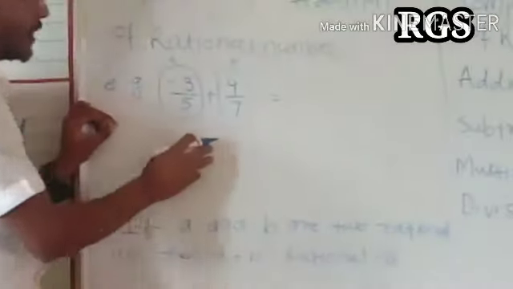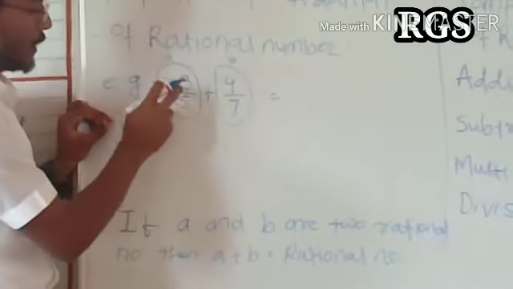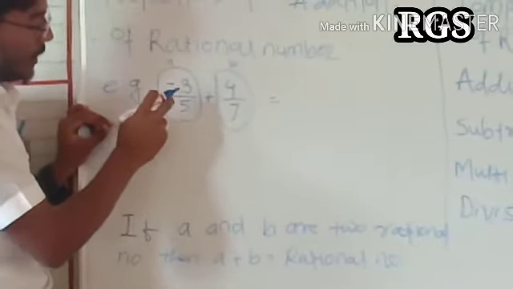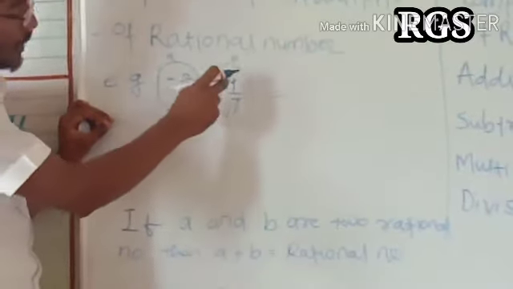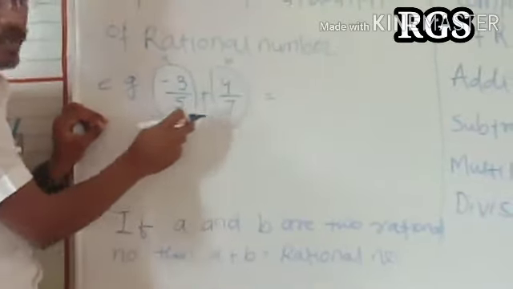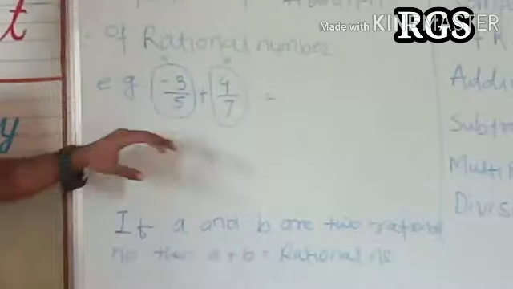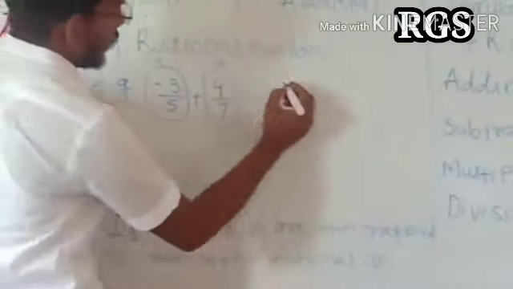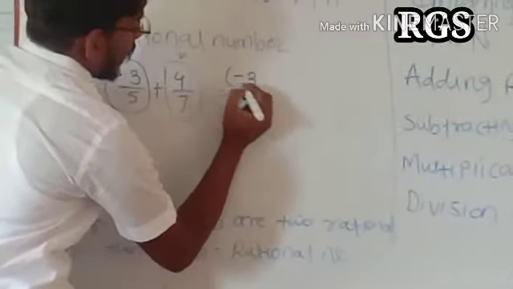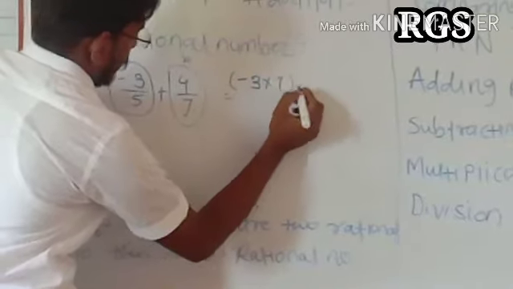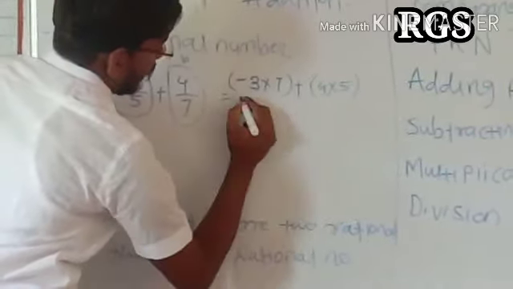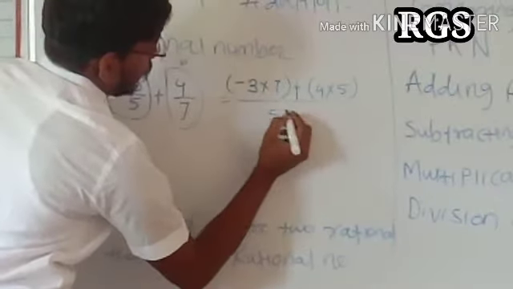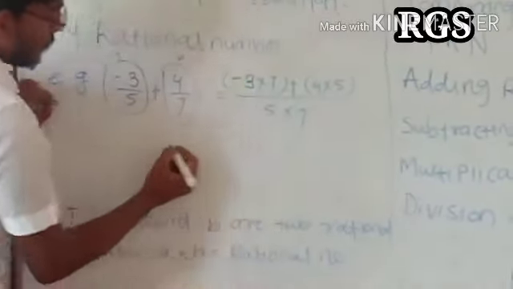We have to multiply this denominator into this numerator, and again multiply this denominator with the other numerator, and we have to make the denominators of both the terms the same. Now see here, minus 3 into 7 plus 4 into 5 divided by 5 into 7.